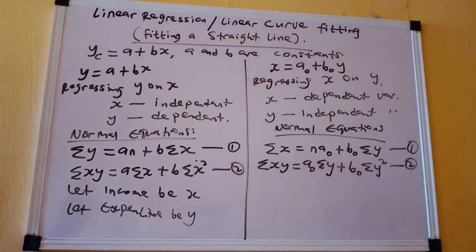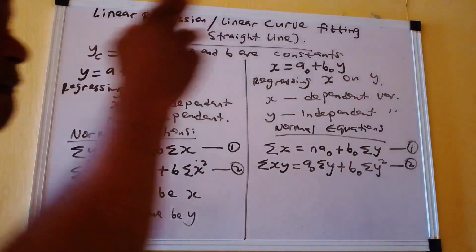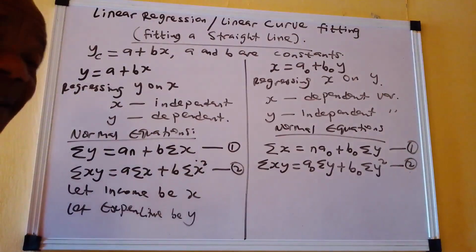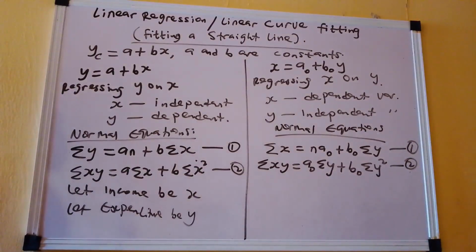So note, for this particular topic, we are dealing with linear regression. Regression in general has two types: the linear regression and the multiple regression. Likewise, curve fitting has two types: the linear curve fitting and the non-linear curve fitting.